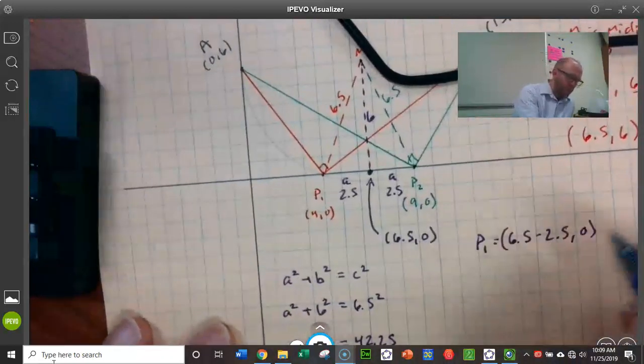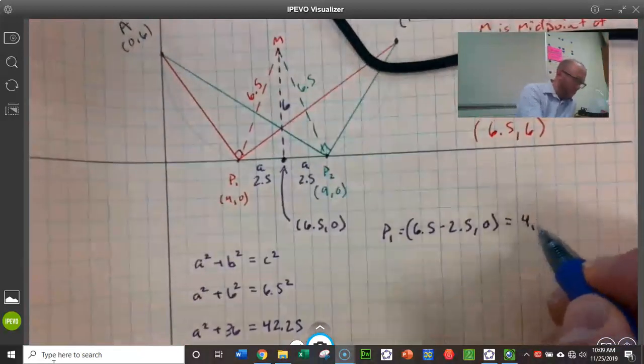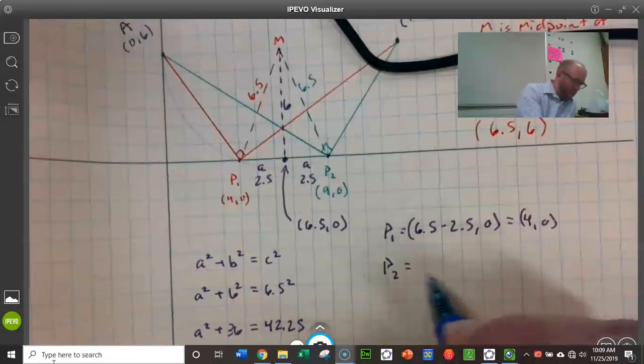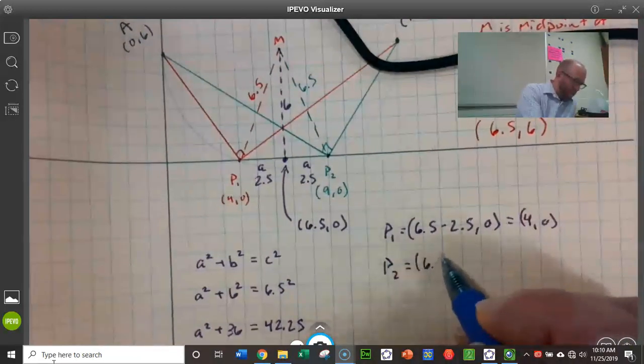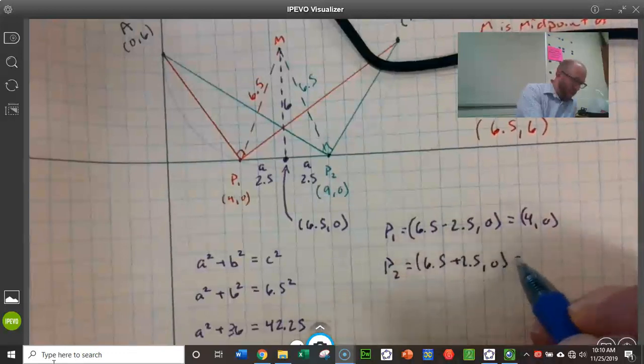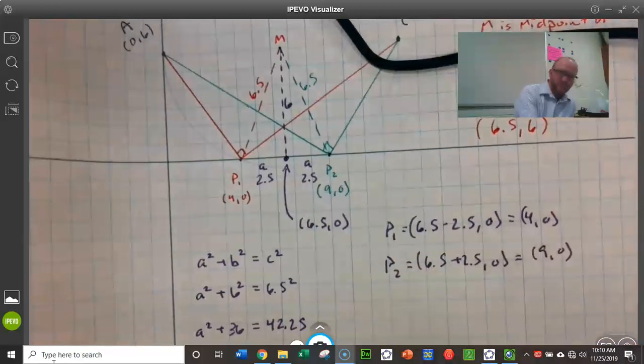And 6.5 minus 2.5 is 4. And P sub 2 would be 6.5 plus 2.5, 0, which is 9. There we go.